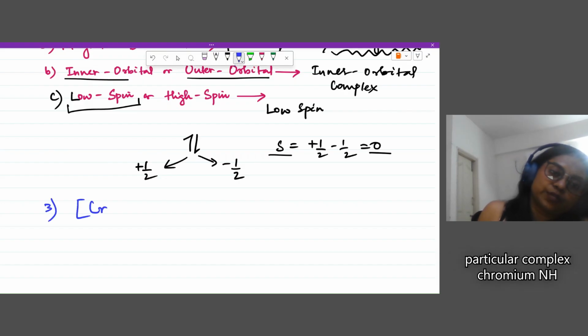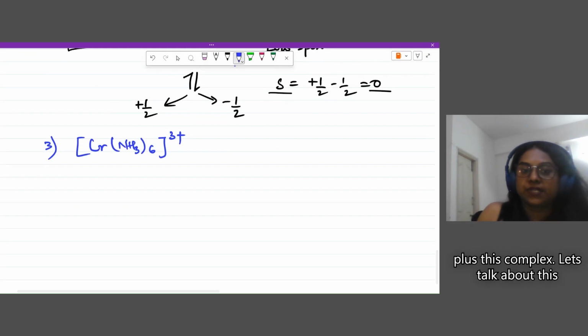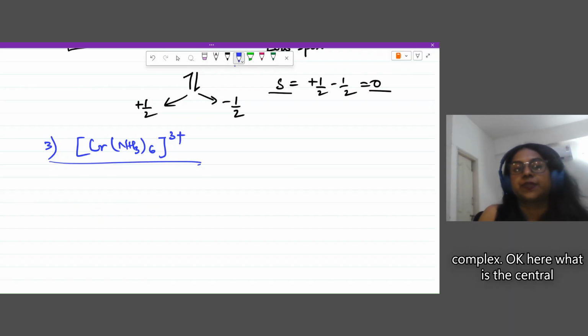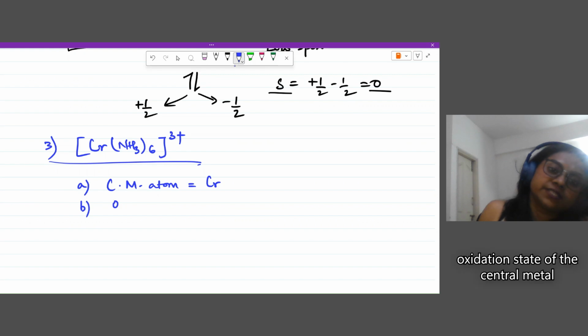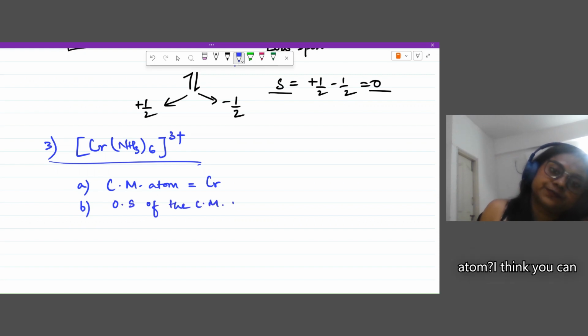This particular complex, chromium NH3 whole 6 with 3 plus. Let's talk about this complex. Here, what is the central metal atom? Chromium. Great. And what is the oxidation state of the central metal atom?